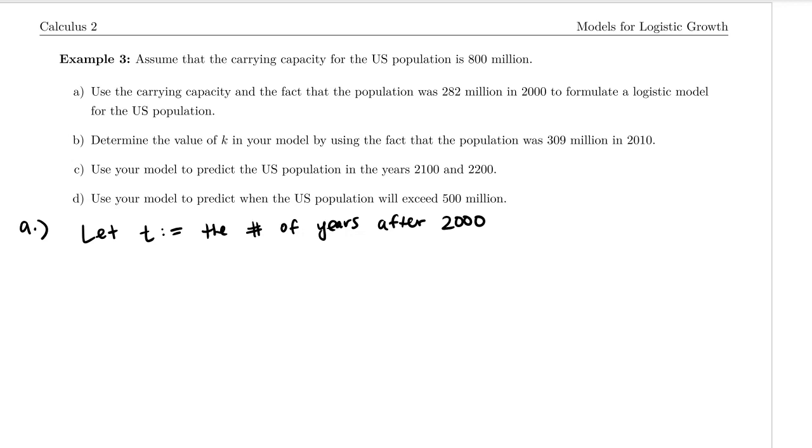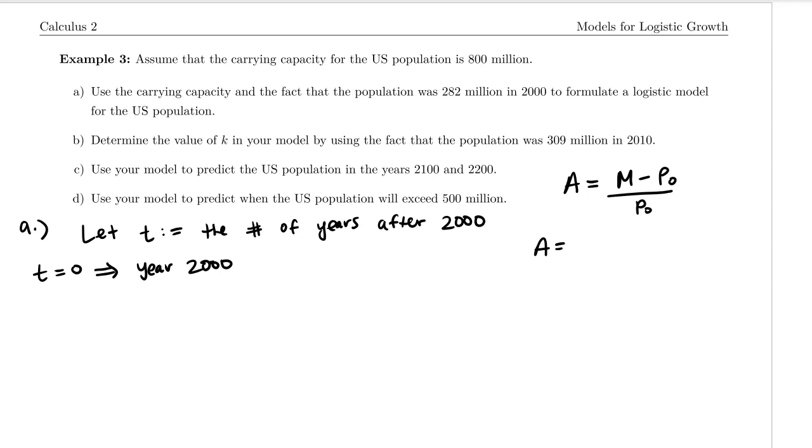And so t equaling 0 would correspond to the year 2000. And we want to figure out capital A from our formula. And we know that capital A is equal to the carrying capacity minus the initial population over the initial population.